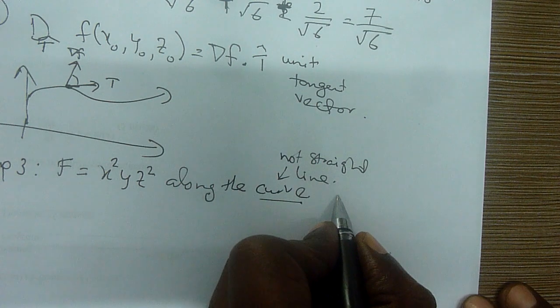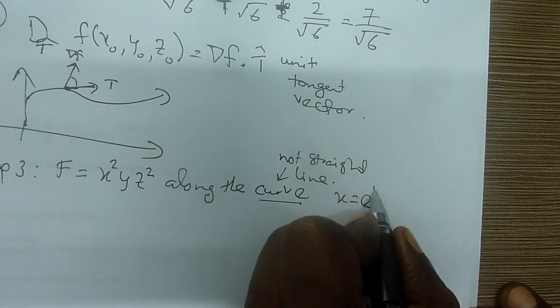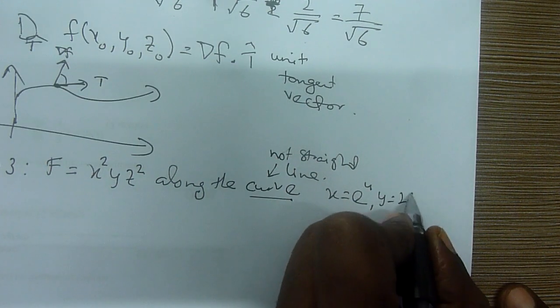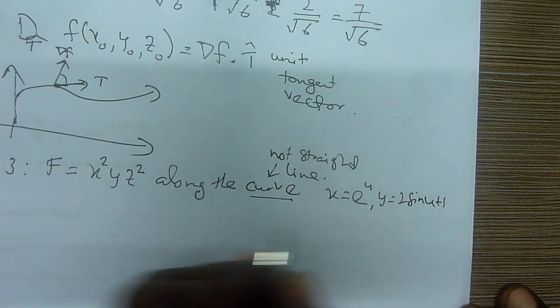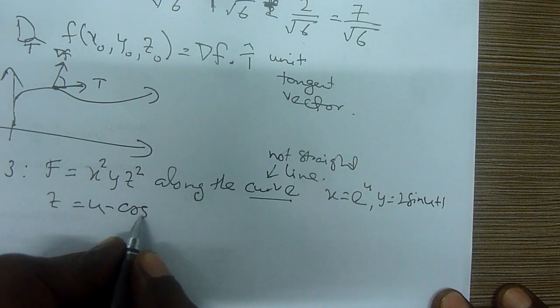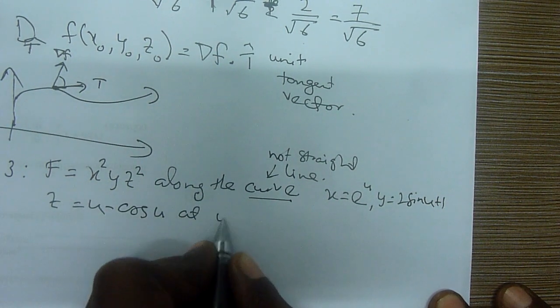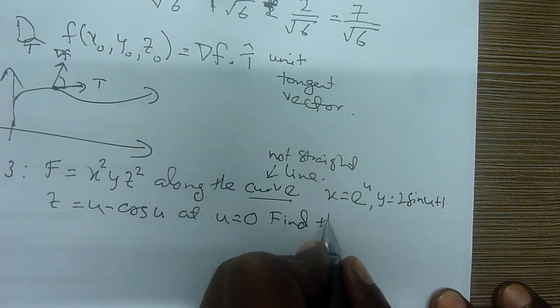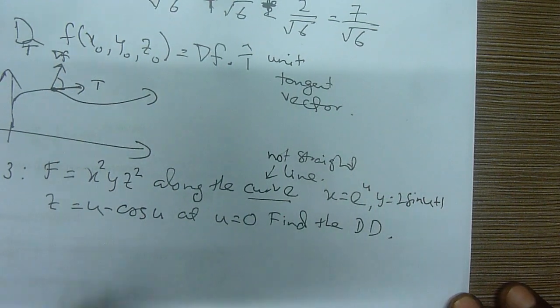Okay, referring to x equals e to the u, and y equals 2 sine u plus 1, z equals u minus cos u, at u equals 0. Find the DD, which means the directional derivative here.